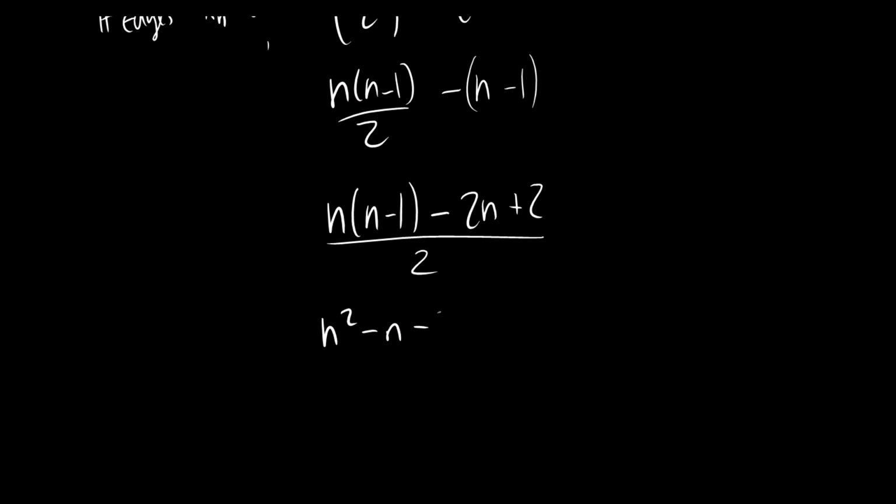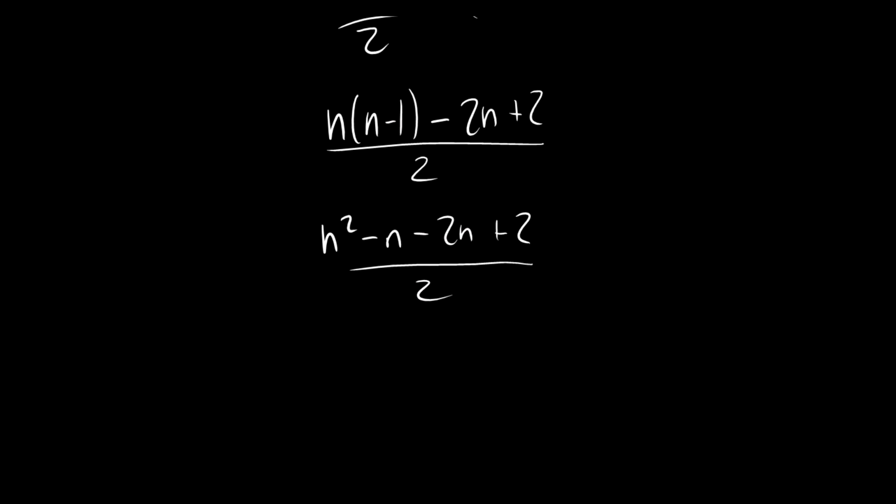So this will be n squared minus n minus 2n plus 2 over 2, which is the same thing as n squared minus 3n plus 2 all over 2. And you're saying, hold on a second, this has to equal n minus 1 choose 2. What crazy shenanigans are you doing here?